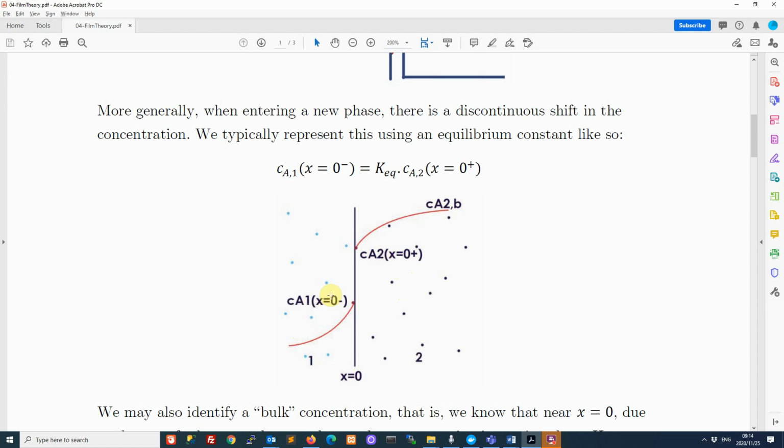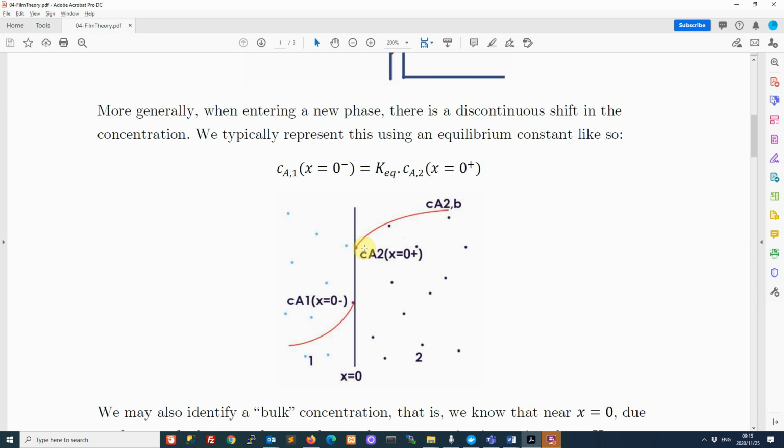So there sometimes is a relationship. But for now, generally speaking, let's just accept that the diffusivity is different in the two phases. So that then determines how quickly this concentration profile is going to develop. So that's the first thing to note: your discontinuous jump, then your diffusivities in the two phases.